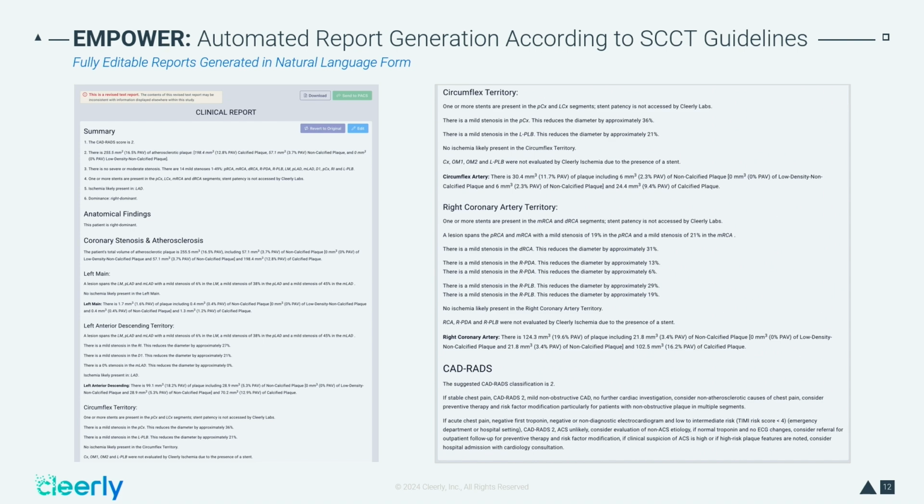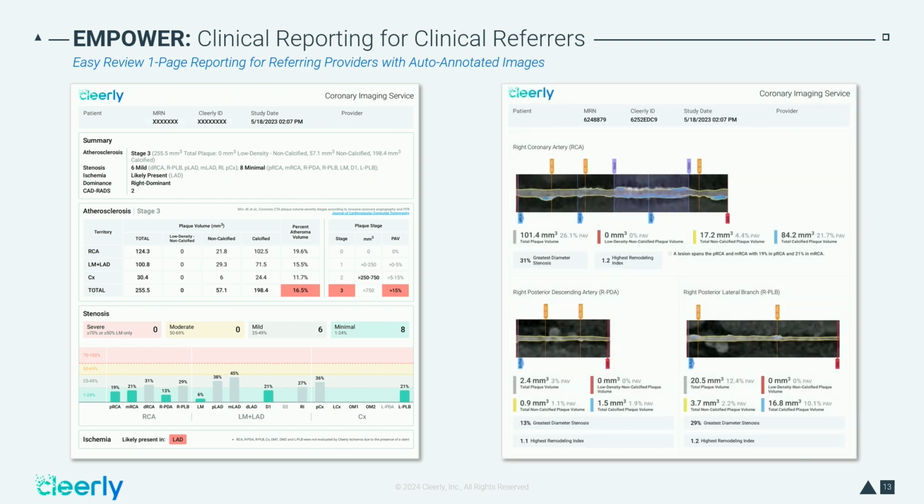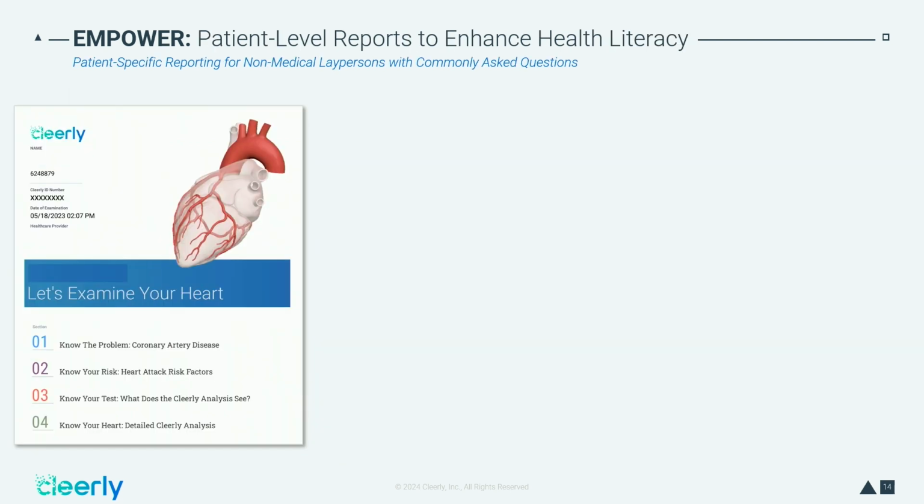Turns out everybody hates this report because they say, I don't really understand what I'm looking for. And so we also generate a clinician-friendly report, a one-pager that really goes through plaque, stenosis, ischemia, and so on. And then the color coding of this as red, yellow, and green really makes it easy for somebody to understand whether or not somebody's sick or not, and that is juxtaposed to auto-annotated imaging on a vessel-by-vessel level for atherosclerosis, stenosis, and ischemia.